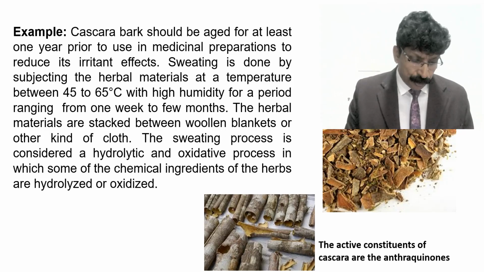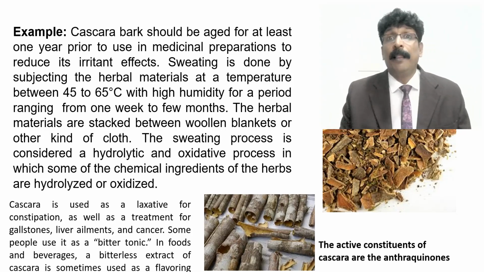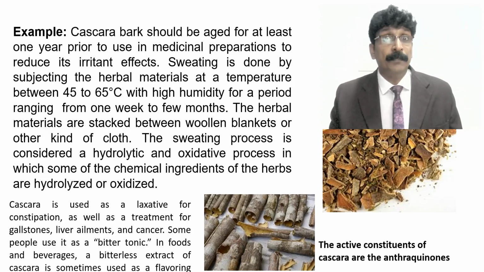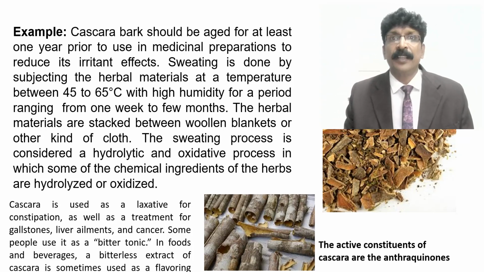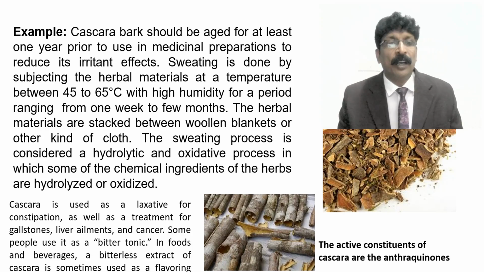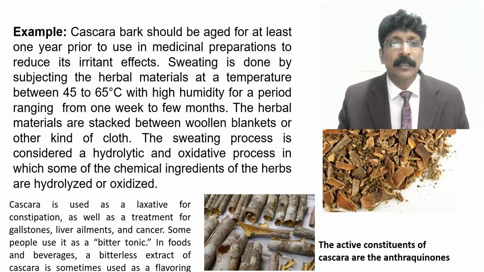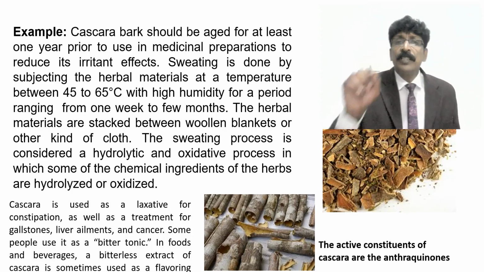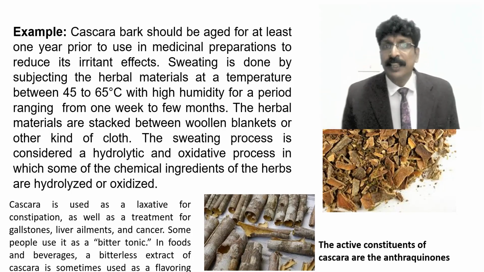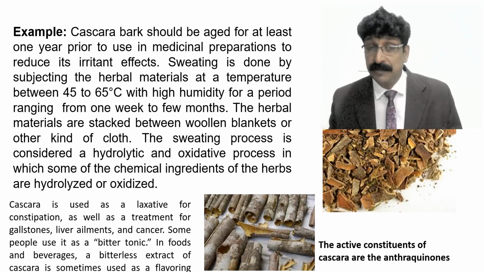It is usually used for patients with constipation, a very good laxative like senna. Cascara is used as a laxative for constipation as well as treatment of gallstones, liver ailments and cancer. Some people use it as a bitter tonic for digestive enzymes.